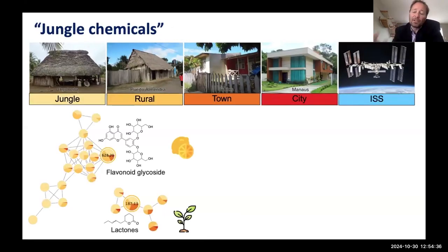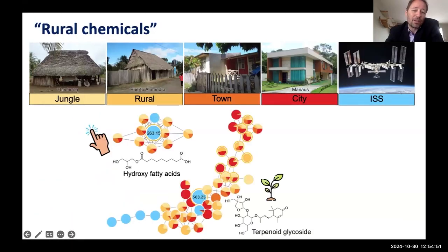And so we start to look at the rural metabolites, and what we found was that there's a lot of flavonoids, lactones, a lot of plant-derived molecules that are missing in the ISS space station, whereas those are readily observed in the rural area. And then there's some molecules that might be coming from food, such as hydroxy fatty acids and terpenoids, that are observed in the space station as well as in rural towns.